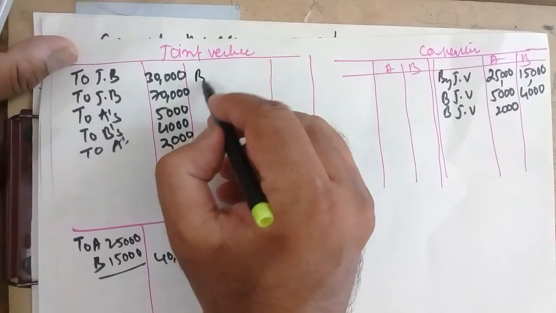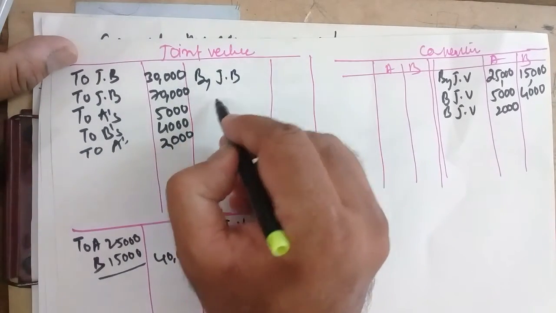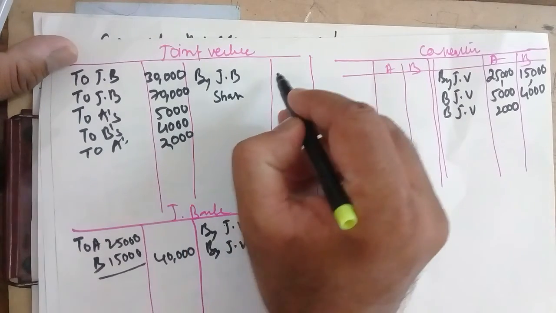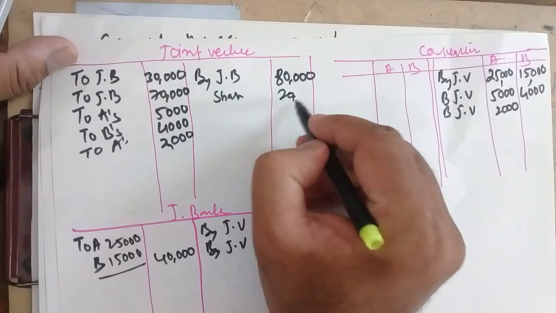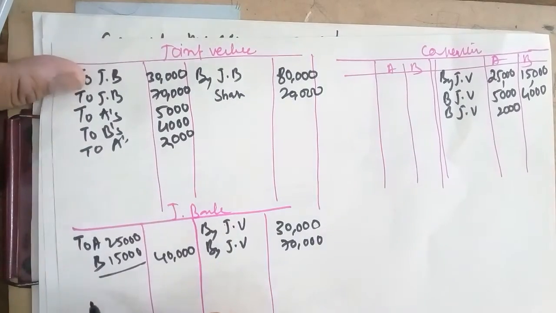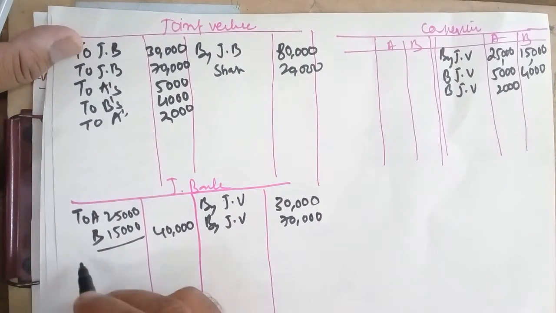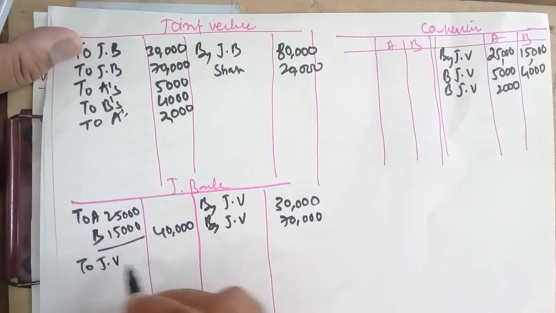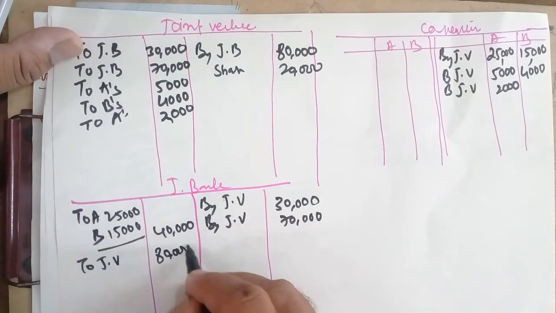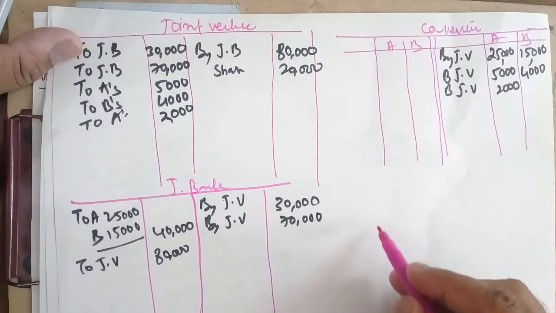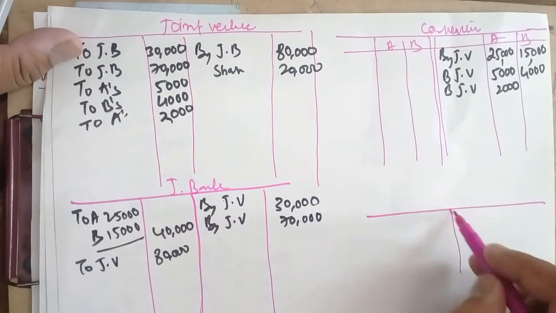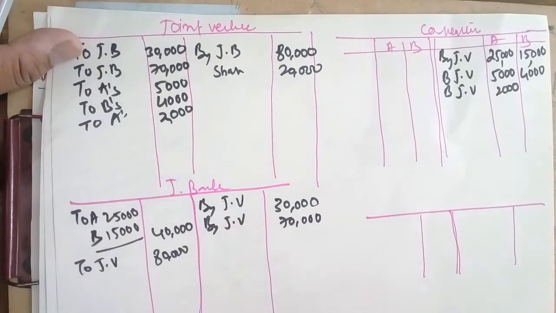In joint venture account we write by joint bank, by shares account. This is 80,000 and this is 20,000. In joint bank account what do we write? To joint venture 80,000 only. If you want, you can prepare one more ledger account called shares account. So I'll prepare the shares account here.